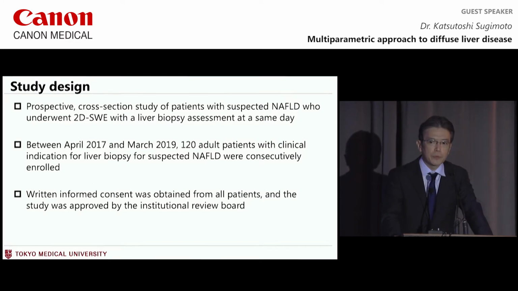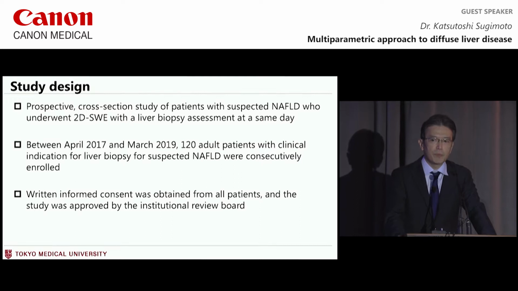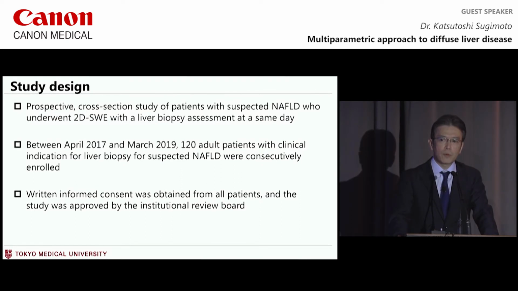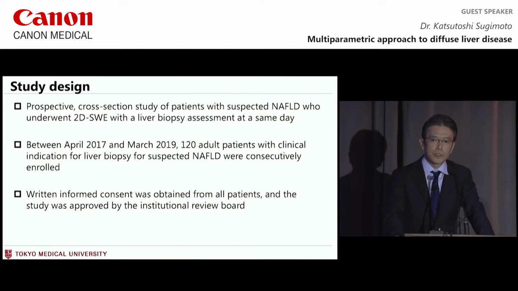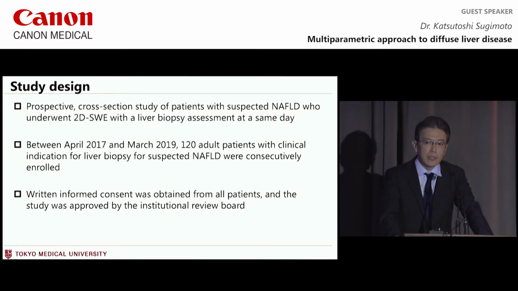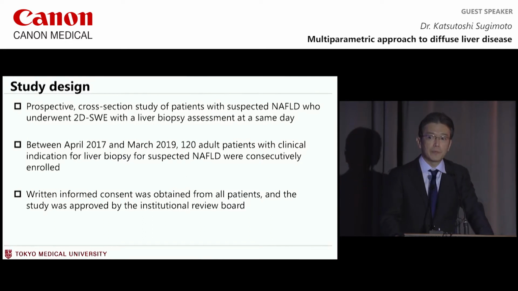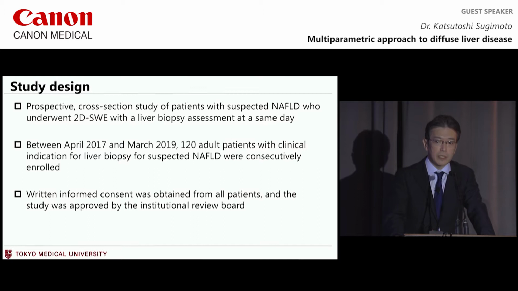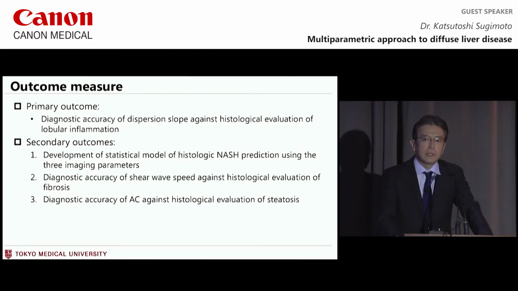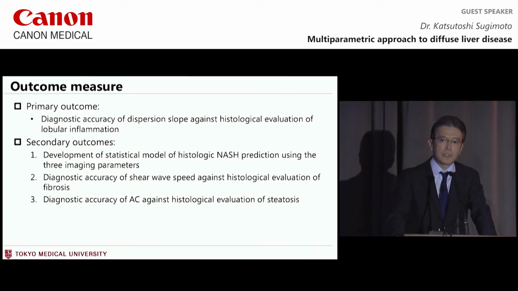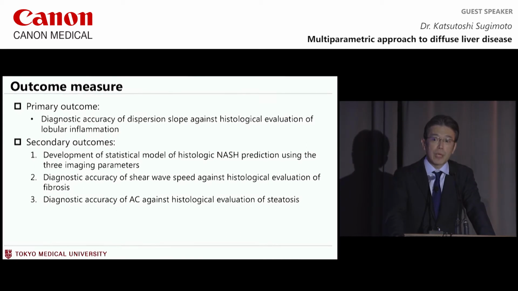Between April 2017 and March 2019, 120 consecutive adult patients with a clinical indication for liver biopsy for suspected NAFLD were consecutively enrolled. The primary outcome of this study was diagnostic accuracy of dispersion slope against histological evaluation of lobular inflammation.